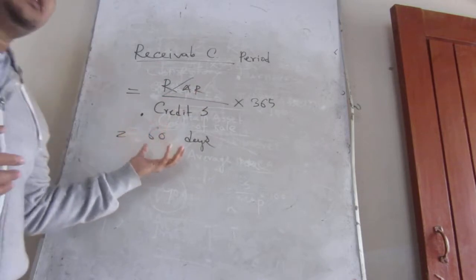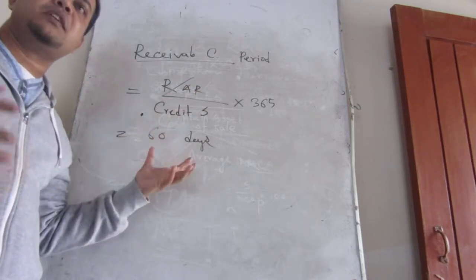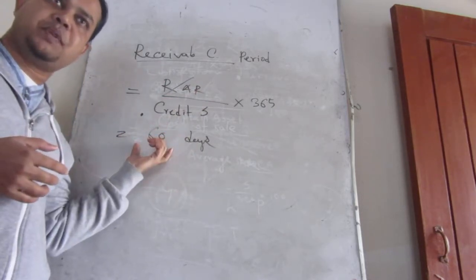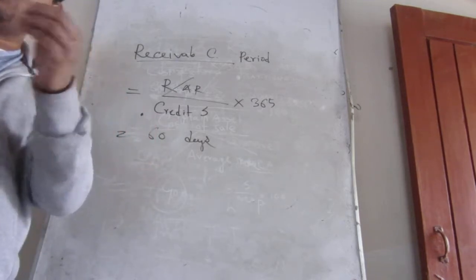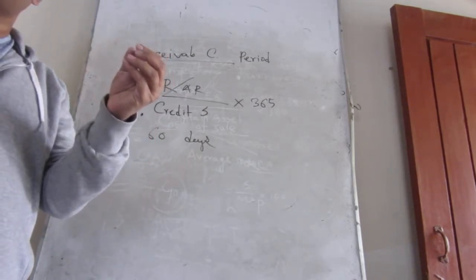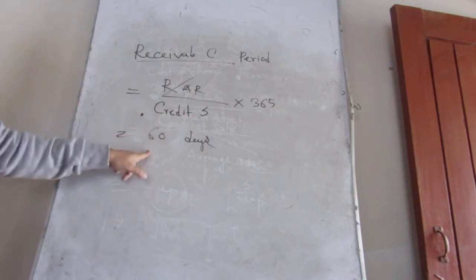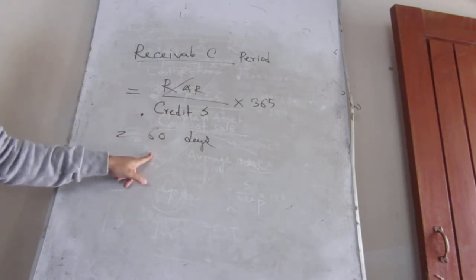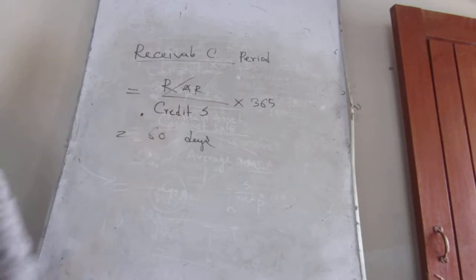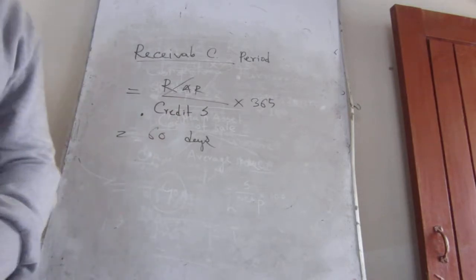Because only if you can reduce this average collection period, it will help you to generate the cash flows, right? So here, what will we want, 60 days or less than 60 days? Efficiency means reducing the average collection period from the credit customer.